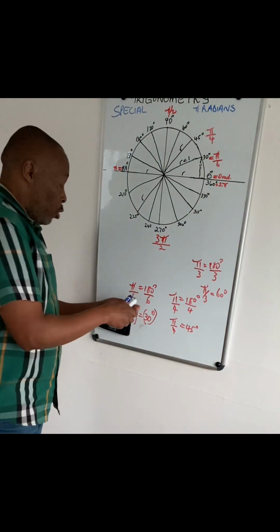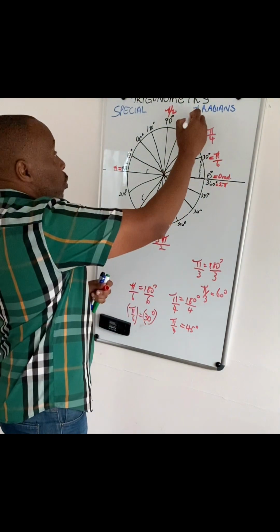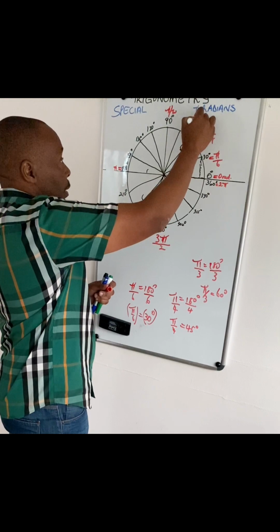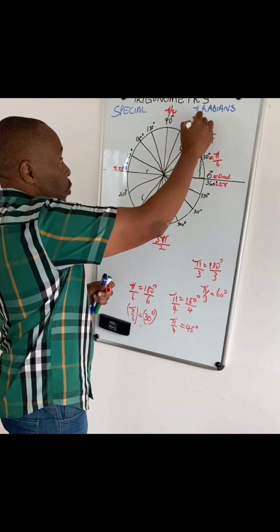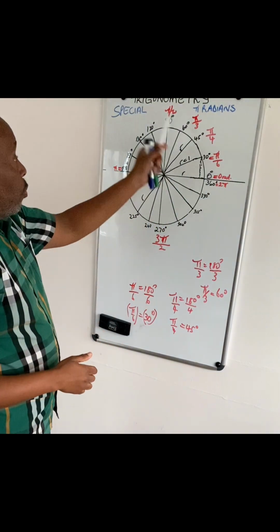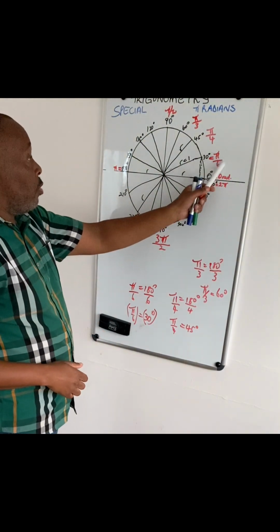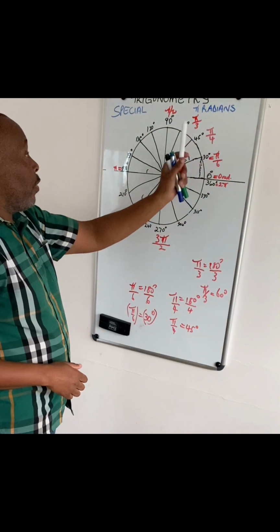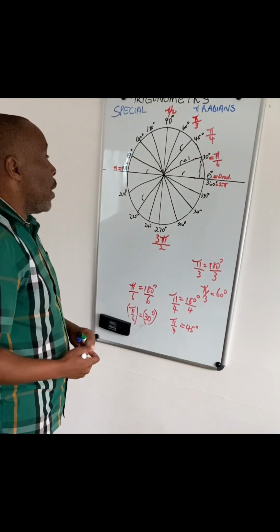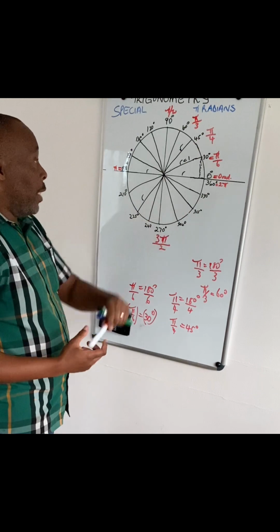Just for your comfort, so that you know this to be true, rather than just believing what you do not know. Right, so we've got 30 degrees to be pi over 6, 45 degrees pi over 4, 60 degrees pi over 3. We've got pi over 2 as 90.